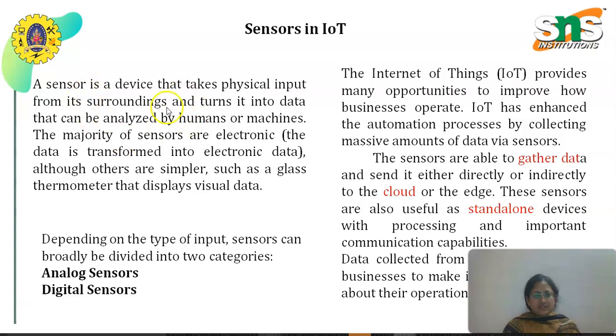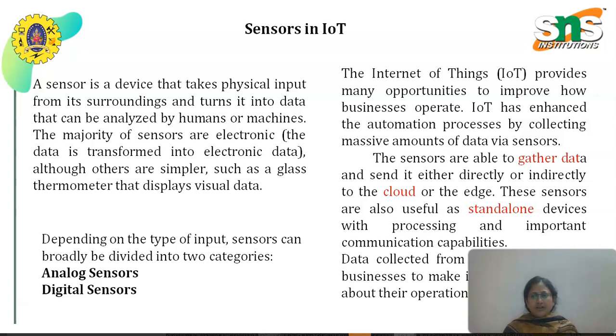So from this, the sensors in IoT take a major role in IoT classifications. A sensor is a device that takes physical input from its surrounding and turns it into data that can be analyzed by humans or machines. The majority of sensors are electronic, although others are simpler, such as a glass thermometer, and display its visual data. We know that the IoT, Internet of Things, provides many opportunities to improve how business operates.